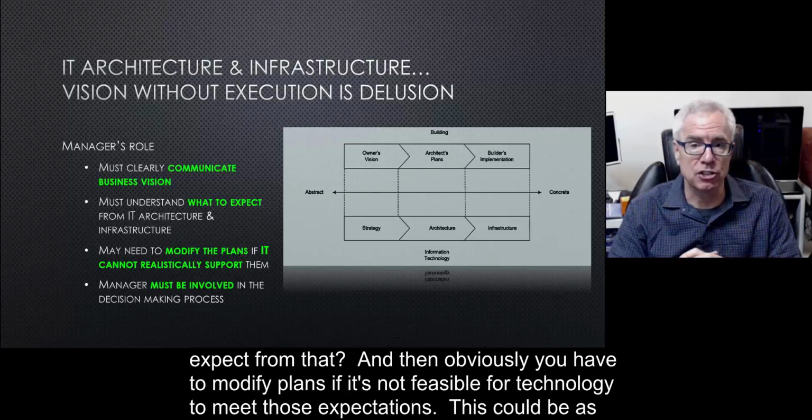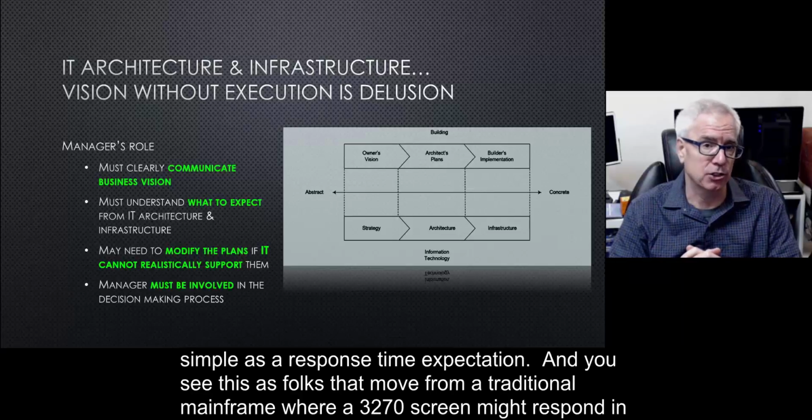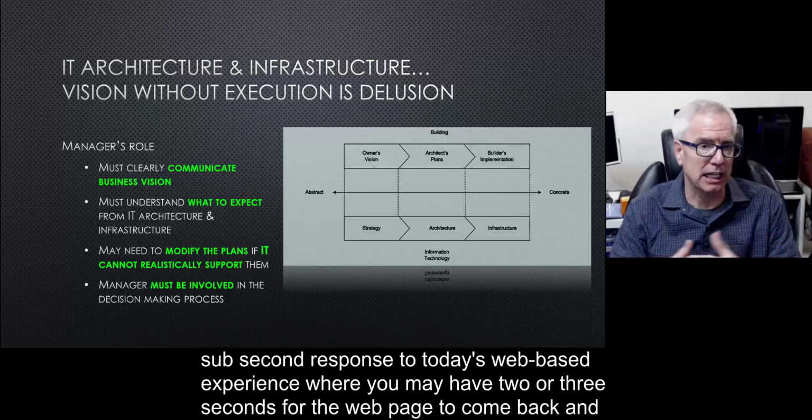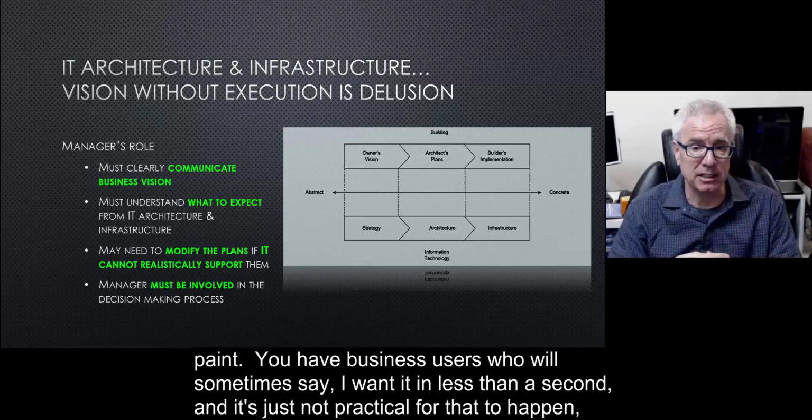This could be as simple as a response time expectation. And you see this as folks have moved from a traditional mainframe, where a 3270 screen might respond in sub-second response, to today's web-based experience, where you may have 2 or 3 seconds for the web page to come back and paint.